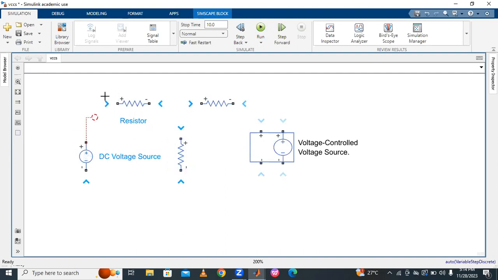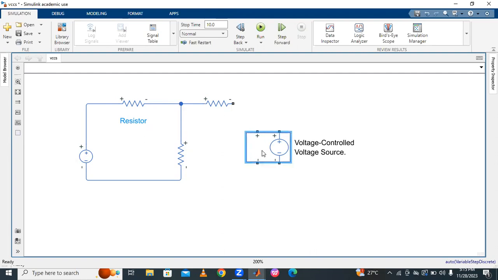Connect all these elements in this way. Here, this circle is called the source. For example, this source is present here. Connect this source first in this way, with plus and minus polarity.